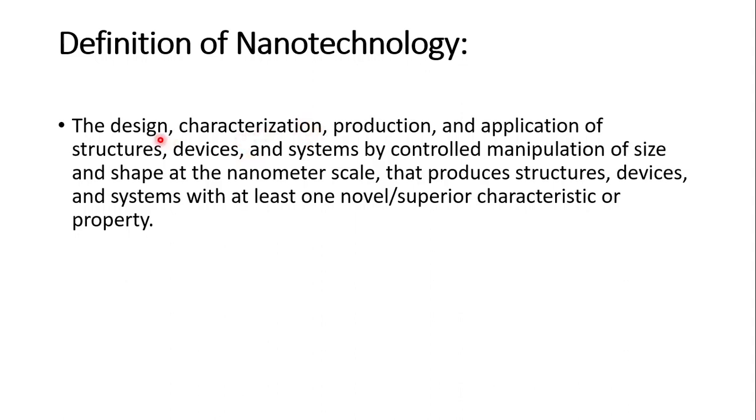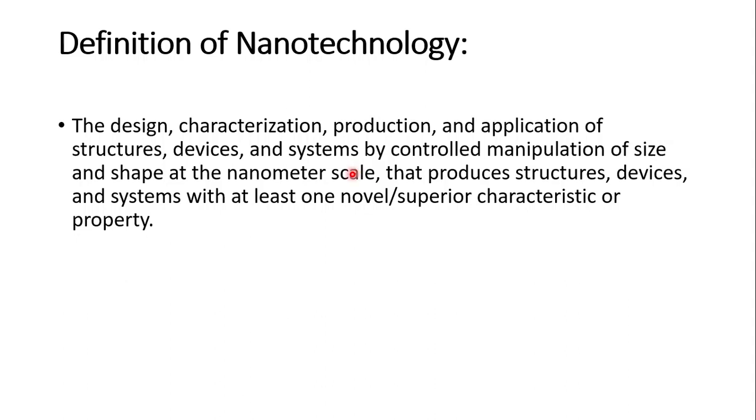So when we have designed, when we have studied our nanoparticle, and when its application is known, then we are going to produce them on a higher scale. When we are producing them on a higher scale, we are applying them to make structures, devices and systems. It's the same as we have cell, we have tissue, then we have organ, and then that forms the organ system.